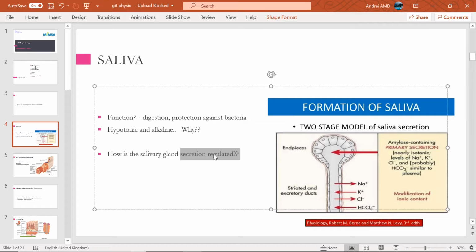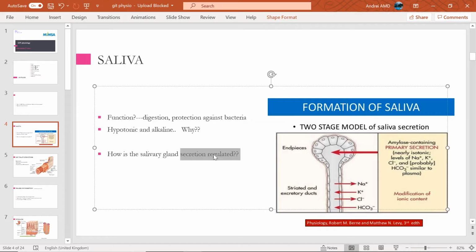And this stimulates the parasympathetic nerve to different ganglions, depending on which gland you want to stimulate. For example, if you want to stimulate the parotid gland, that parasympathetic would stimulate the otic ganglion.